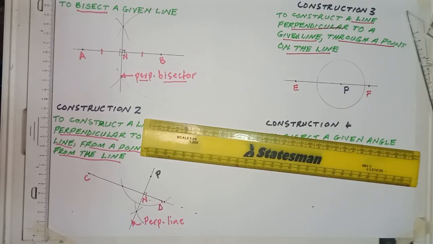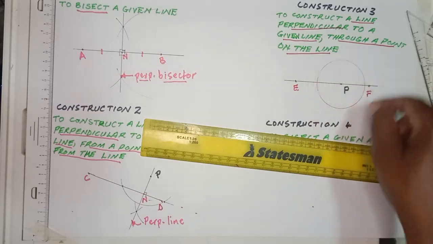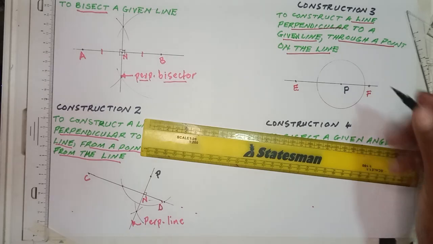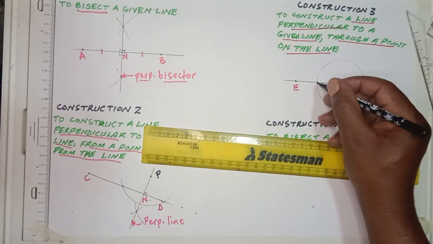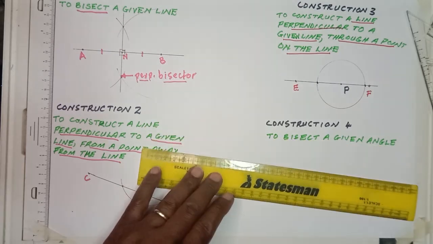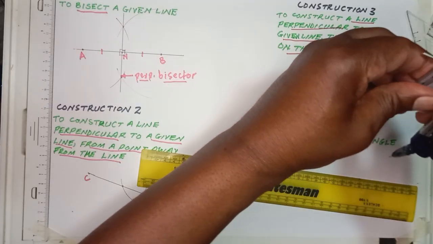One of the three can work. It can be just an arc this side, an arc this side, a semicircle, or a complete circle. Now, this circle is actually creating construction points where it crosses line EF, those 2 points. Now, using compasses again, we can use the same radius or adjust the radius slightly.